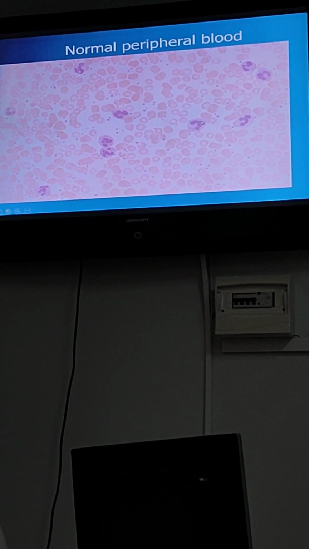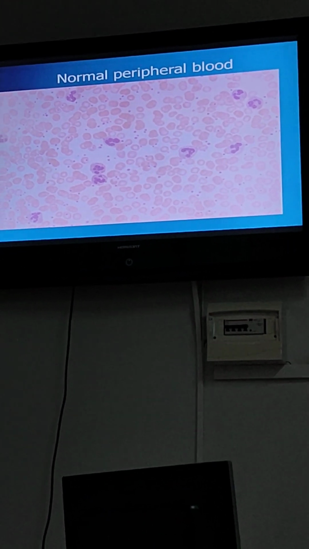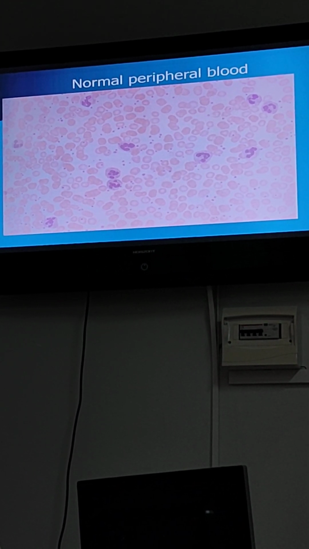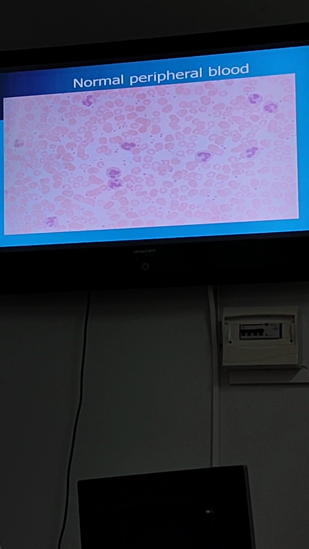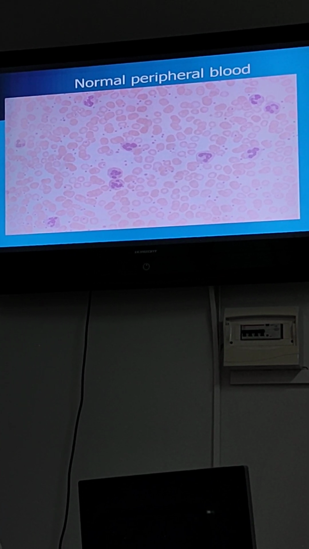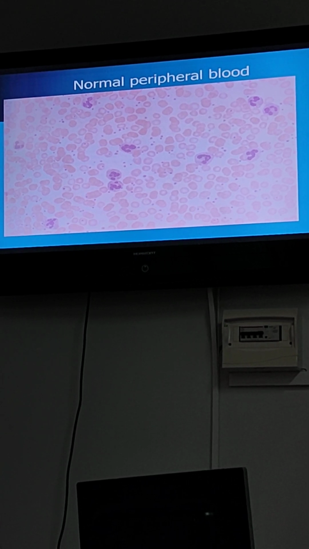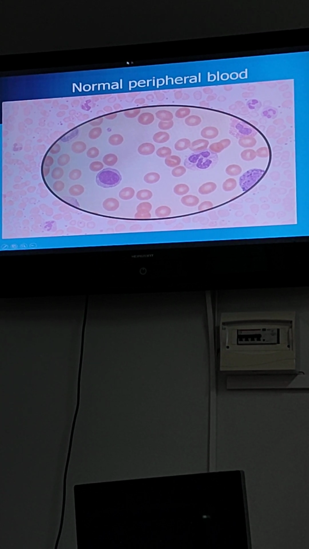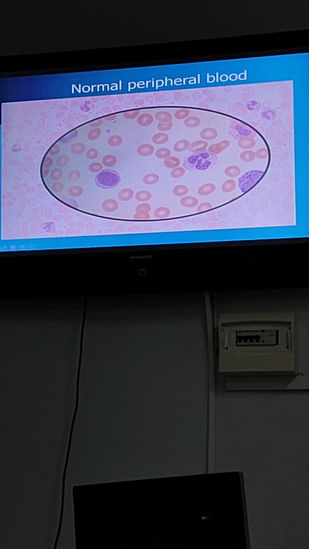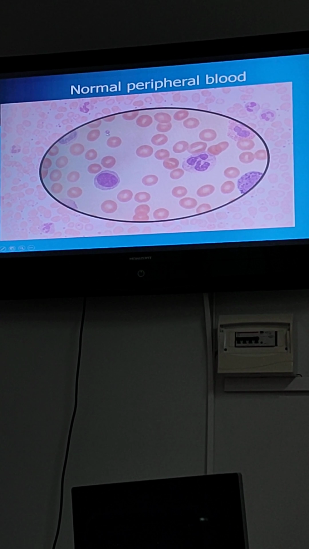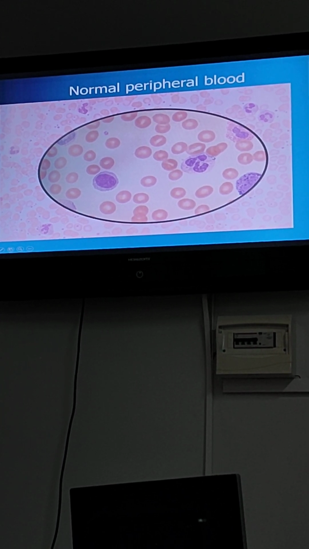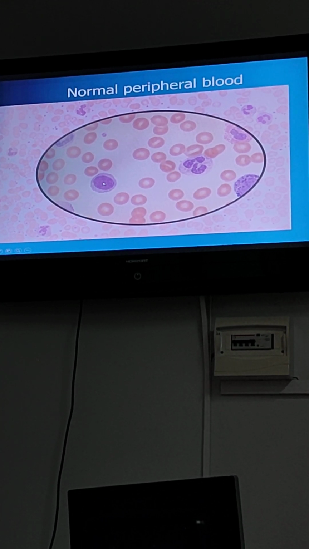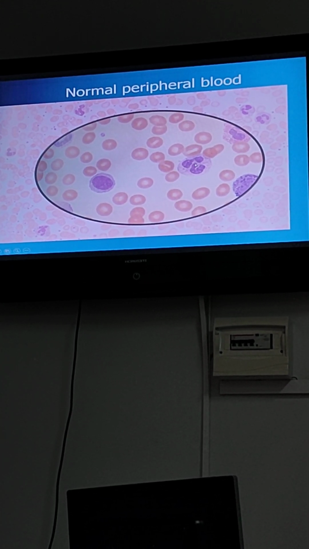In general, if you remember, in liters, erythrocytes are 10 to the 12th degree, white blood cells 10 to the 9th degree. In general, it's 1000 times more. In the high magnification, also predominant red blood cells, some very small platelets, and different eosinophils, basophils, monocytes, neutrophils in this area.